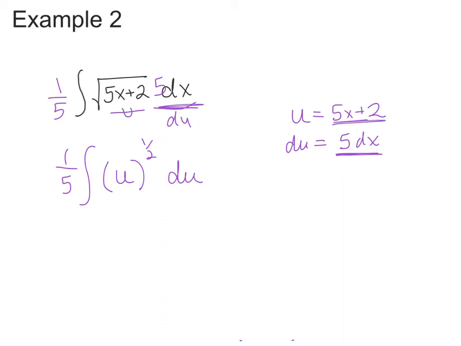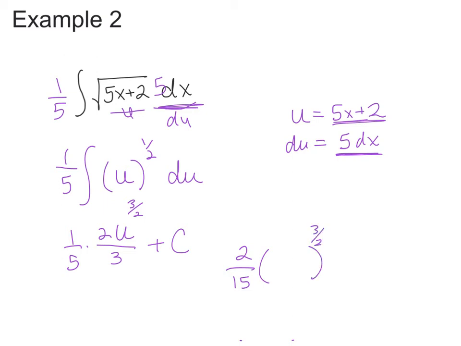U is this, right? That's u. So it's the square root of u. All right, so we're going to do u, add 1 to the 3/2 times 2/3 times 1/5 plus c. So I have 2/15 u to the 3/2 plus c. And what is u? Well, u is 5x plus 2.